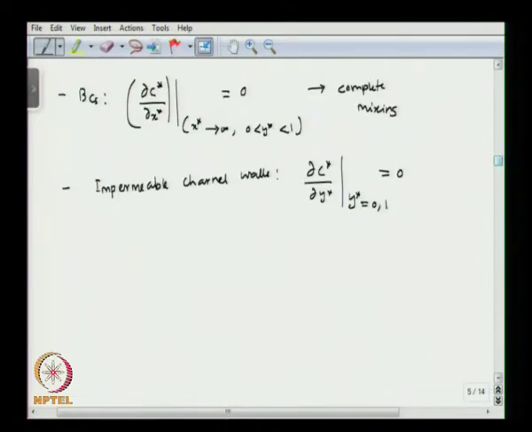So using these boundary conditions, we can find a solution to the transport equation.